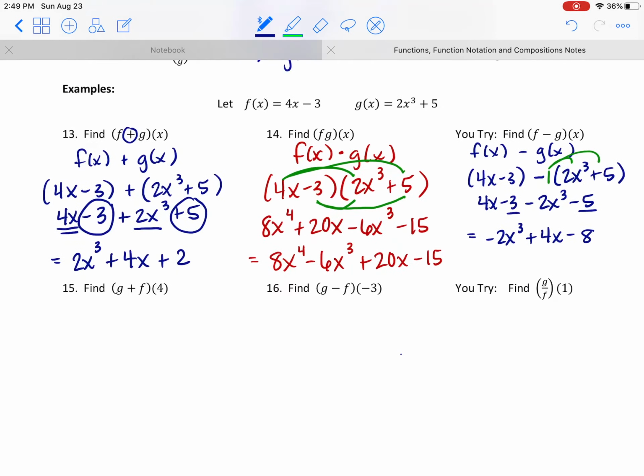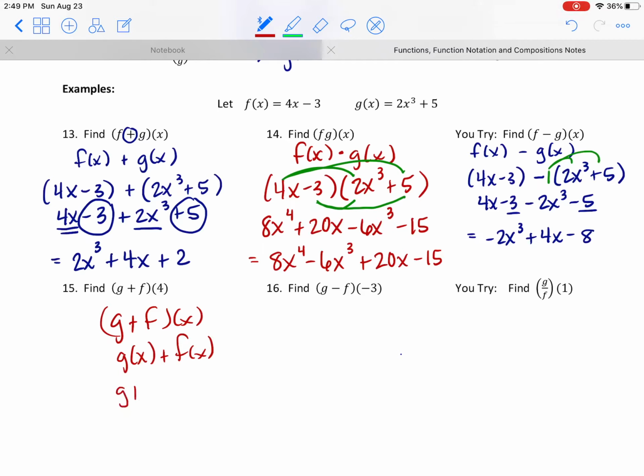Okay, looking at number 15, hopefully you're seeing a difference here. We're not just looking at two functions, we're looking at g plus f of 4 this time. So if this said g plus f of x, then it would mean to take g of x and add f of x, right?